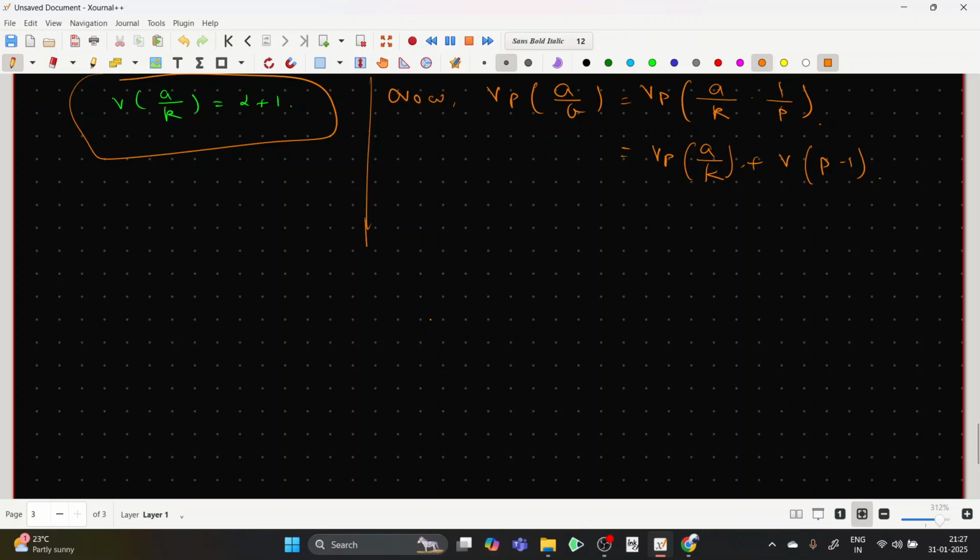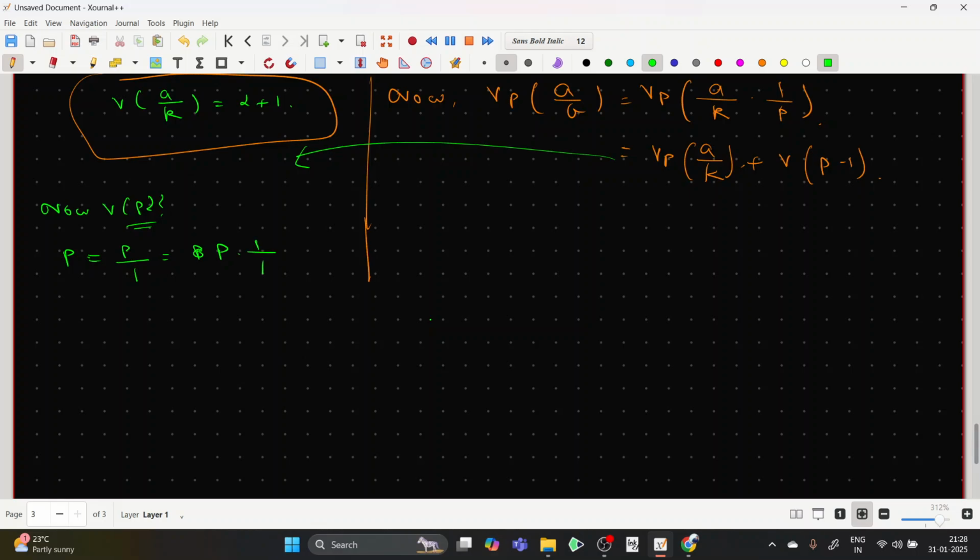So let me just reason it out here as we were doing. Now what is the valuation of p? I can write p as p over 1, which I can write as p times 1 over 1.